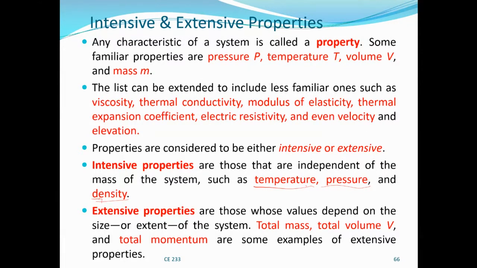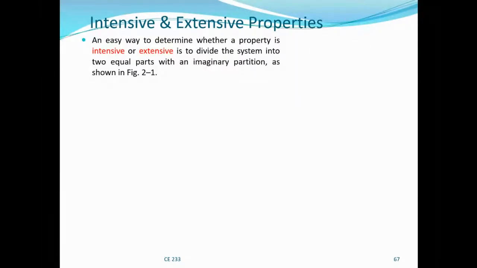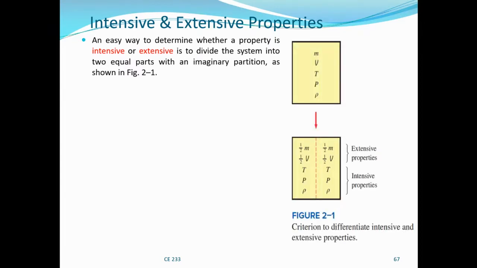An easy way to determine whether a property is intensive or extensive is to divide the system into two equal parts with an imaginary partition as shown in this figure. Let's say you have these properties: mass, volume, temperature, pressure, and density. If you divide this into two, will the properties be the same or will they be divided? For mass, mass will be divided, isn't it? For volume, the volume will be divided into two.